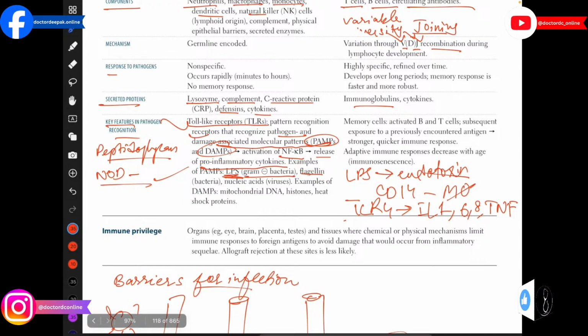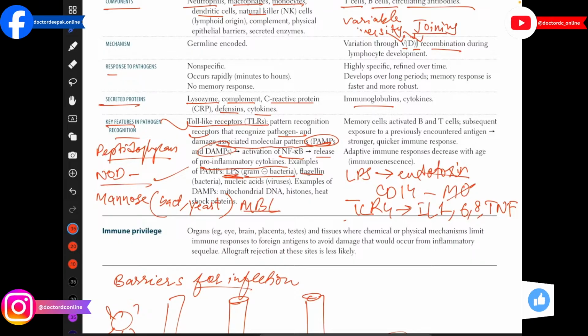And we also have mannose, which is present in bacteria and yeast, and they interact with a protein released by the liver, called MBL, mannose-binding lectin. This mannose-binding lectin then activates the lectin pathway of complement activation.